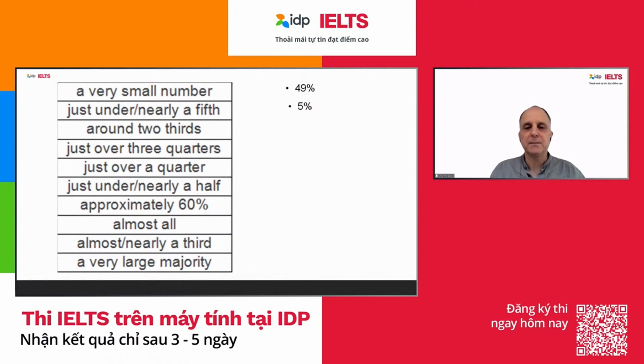for the quick typers. That's it, very good. A very small number. 27%.